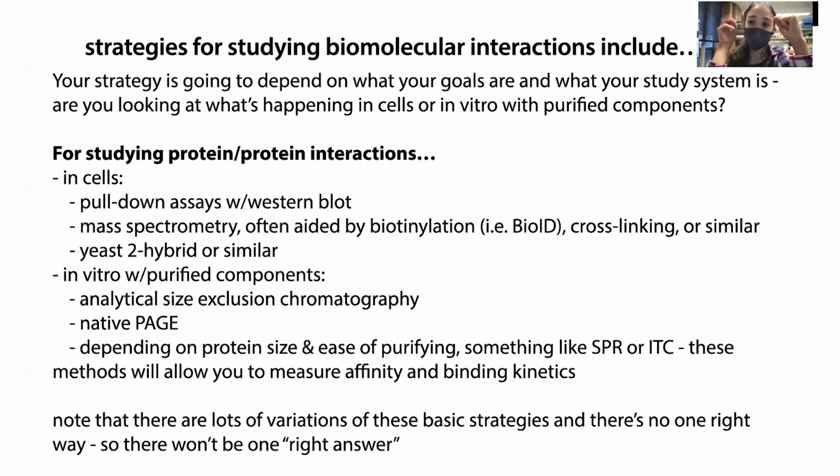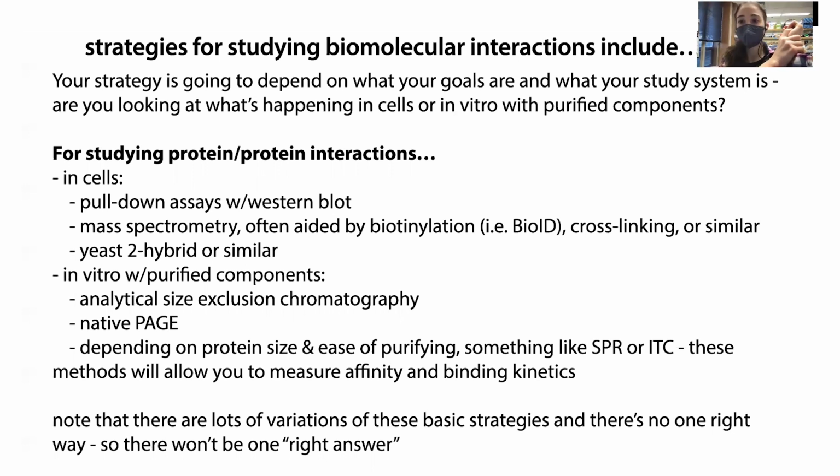This is going to put a biotin tag on anything that's nearby. And then you can isolate, with streptavidin beads or something, the biotinylated products, and then mass spec those in order to get information about what that was at least near.